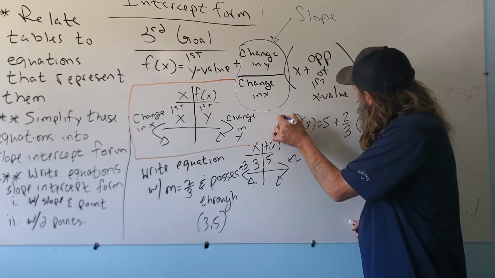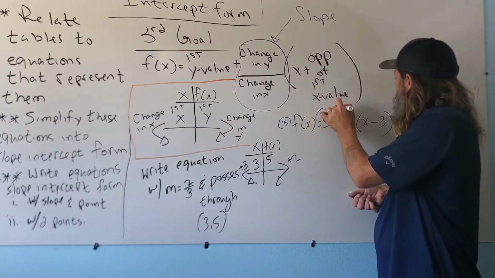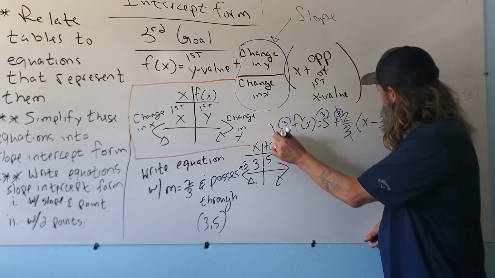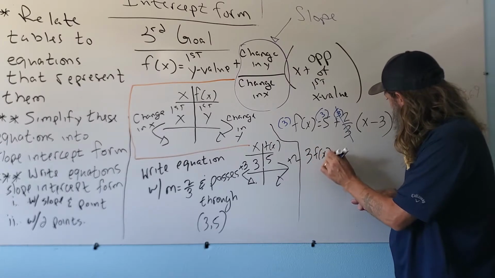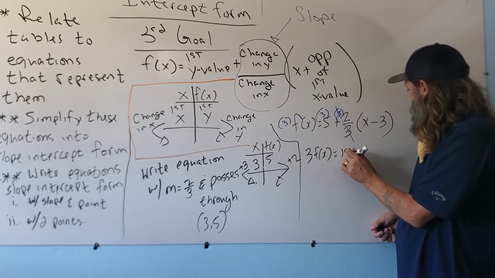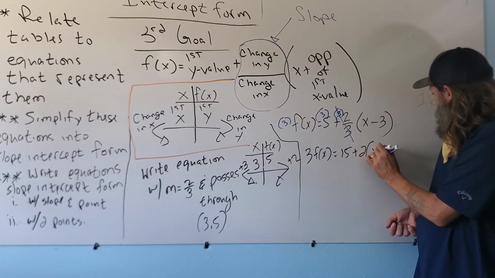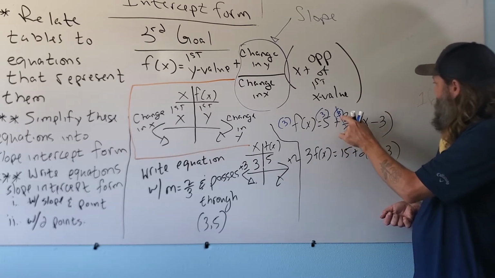We can eliminate the fractions by multiplying everybody by the denominator. This will cancel out, and I'm now left with 3 f of x equals 15 plus 2 times x minus 3. This is considered one number, so I only needed 1 3.